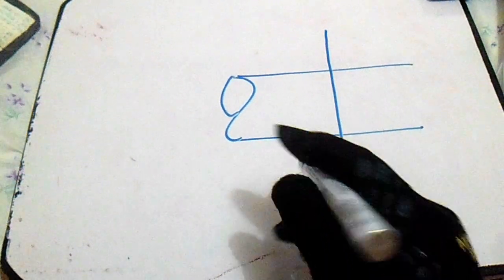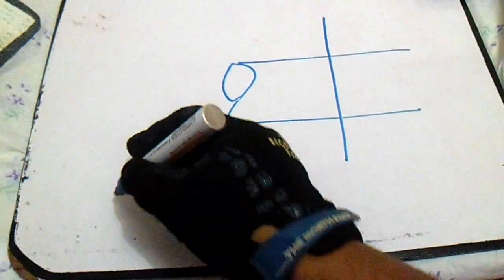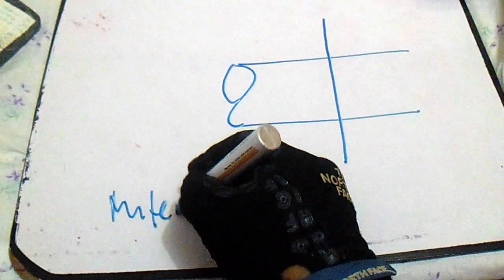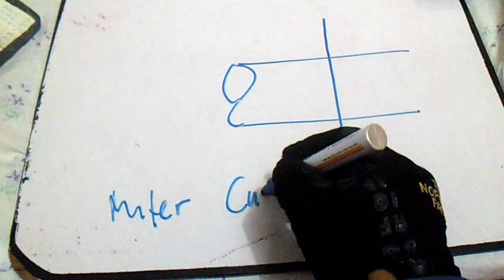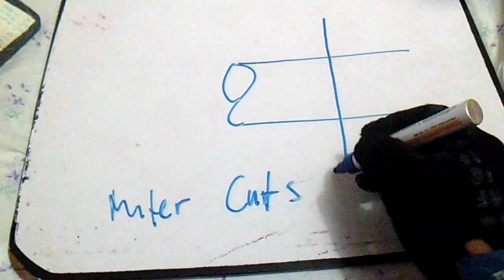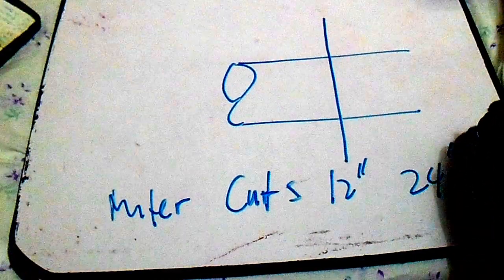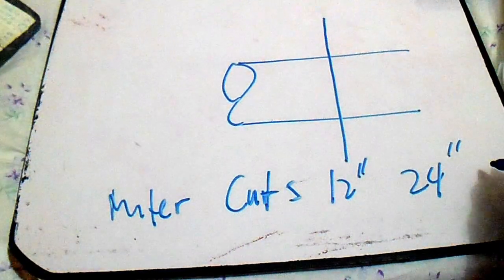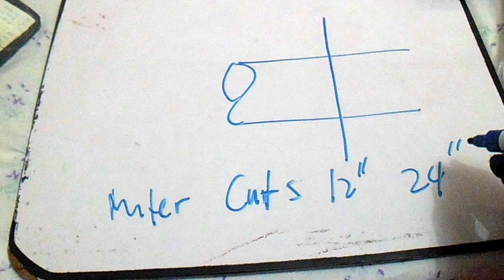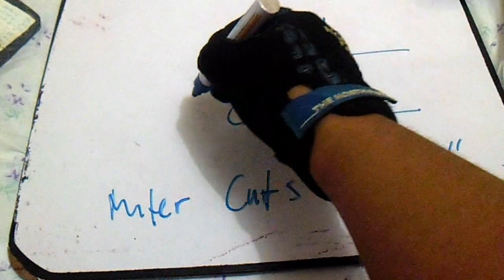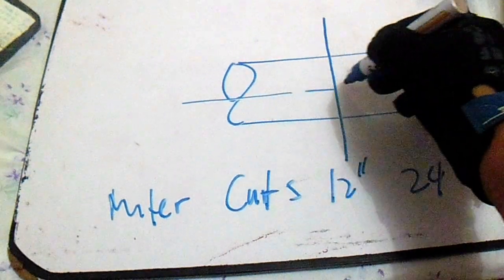This is miter cuts, for 12 inch to 24 inch. Okay. We have a center line here.